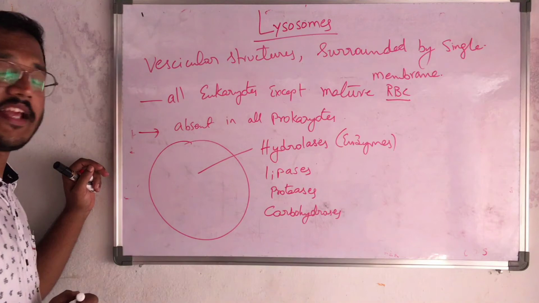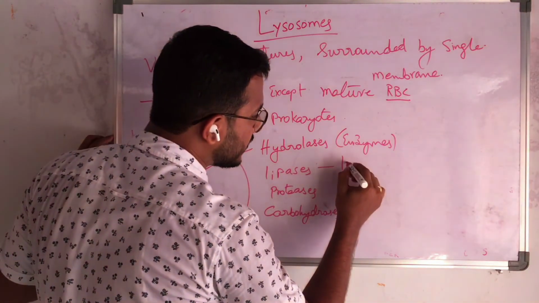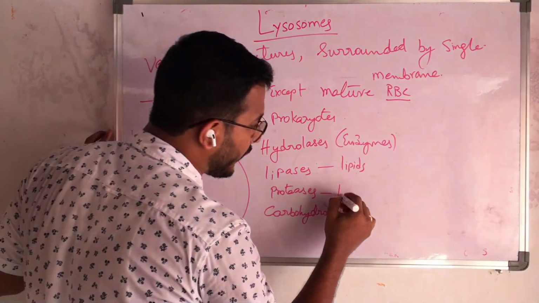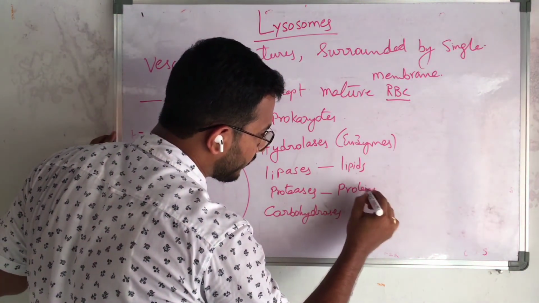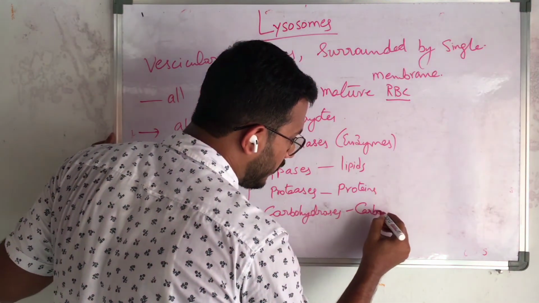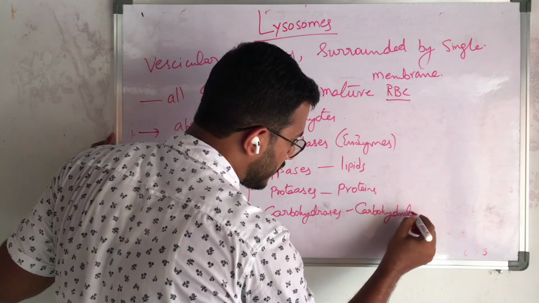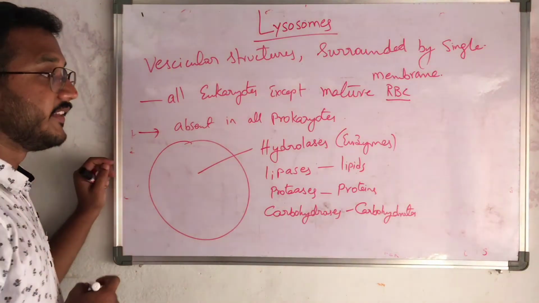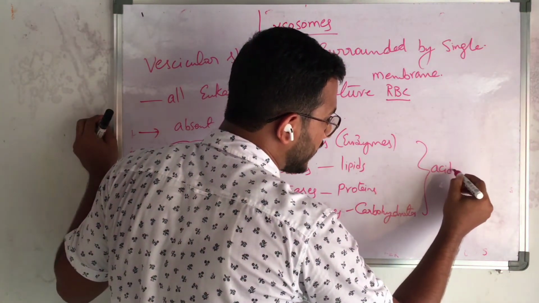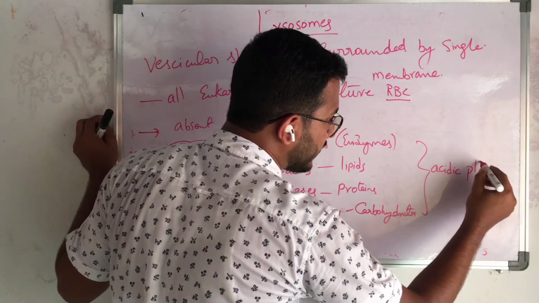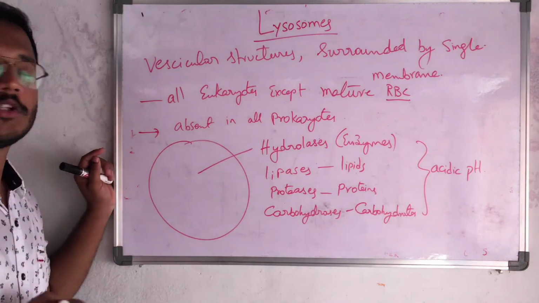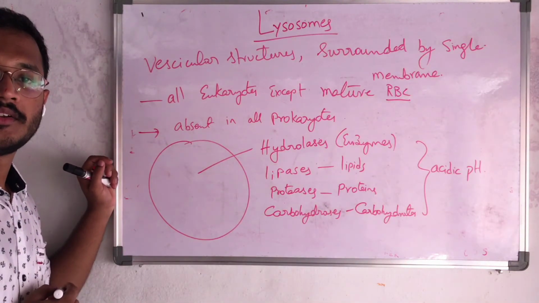That means lipases are the enzymes which digest lipids or fats, proteases are the enzymes that digest proteins, and carbohydrases are the enzymes which digest carbohydrates. Okay, and these enzymes are very active at acidic pH. So these are all the enzymes present here.